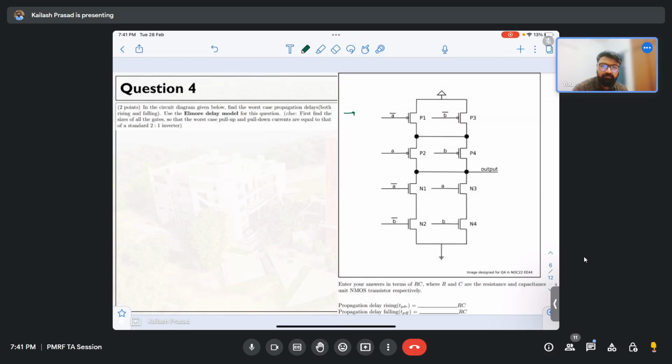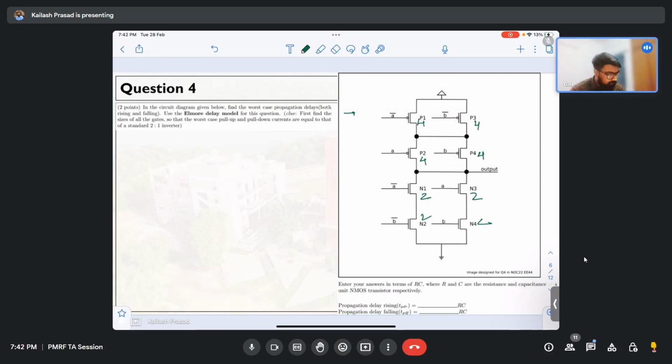I'm not asking the final answer, just the size. N1, N2, N3, N4 will be 2, and P1, P2, P3, P4 will be 4. That is absolutely correct. So all of these will be 2, and all of these will be 4.